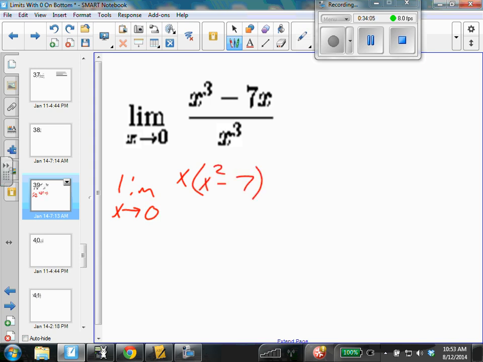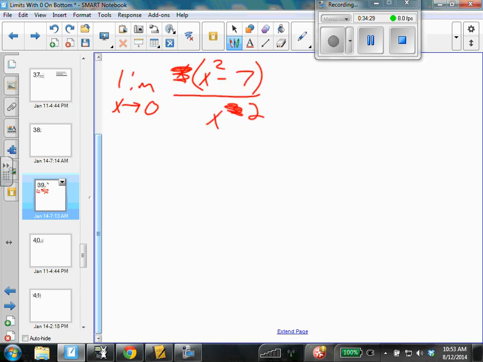So we just factor an x right out of the top. Take 1 out of x cubed, we get x squared all over x cubed. Yeah, I mean, there's one of them on top, which means I can cancel one of the ones on bottom. So instead of this being x cubed, now it's going to turn into x squared. Okay? So the limit as x approaches 0 of x squared minus 7 over x squared.